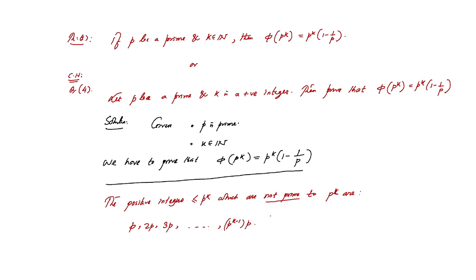So these numbers are less than or equal to p to the power k, and they are not prime to p to the power k.